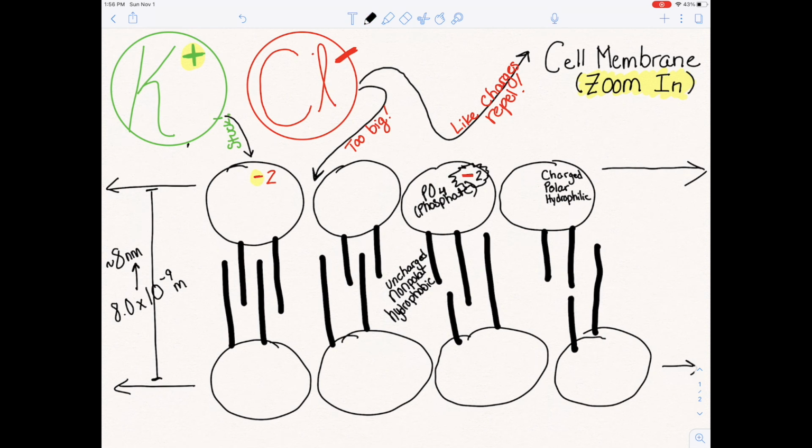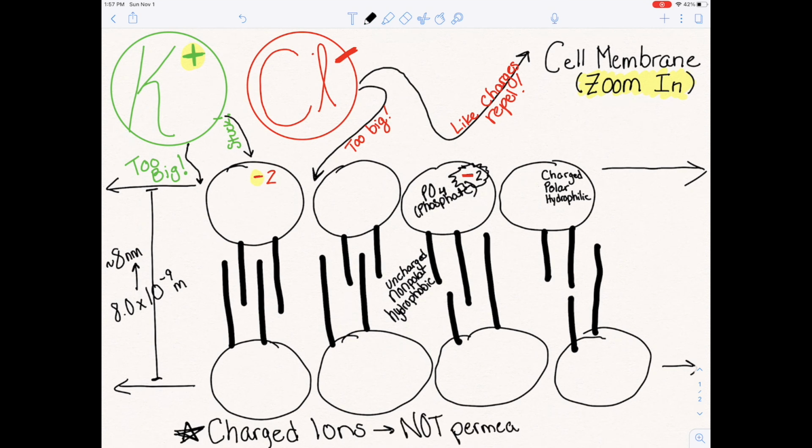And again, potassium is way too big to fit in between the heads of our phospholipids. So, in summary here, charged ions are not permeable. And that's again because of their charge, but also because of their size.